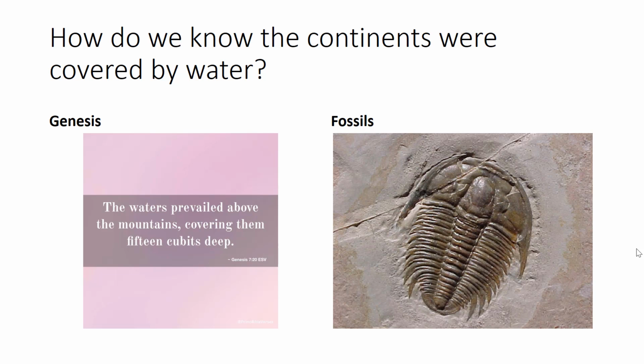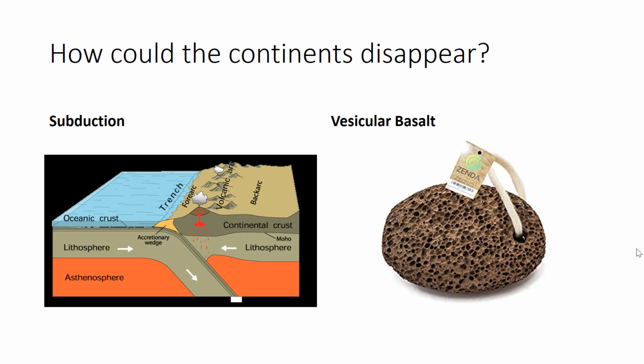Also, we know that the continents were covered by water, not just from the Genesis account, but from the fact that we have fossils, especially marine fossils, buried on our present continents. We know that our present continents were underwater because they had to be the lowest point in order for that sediment to accumulate there, and they had to be underwater in order to provide the environment necessary for burying these huge amounts of material.